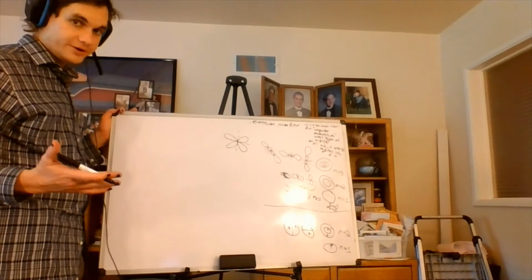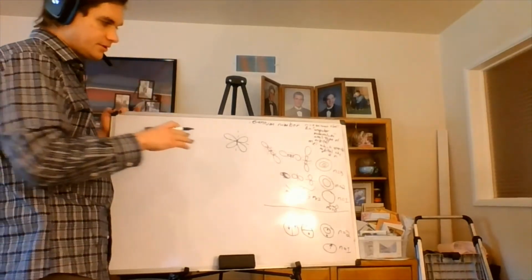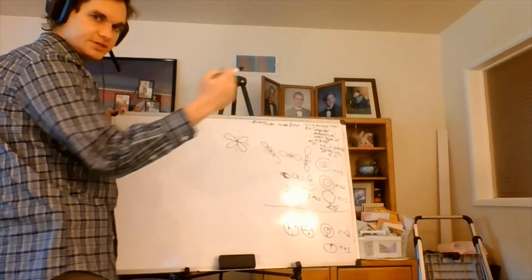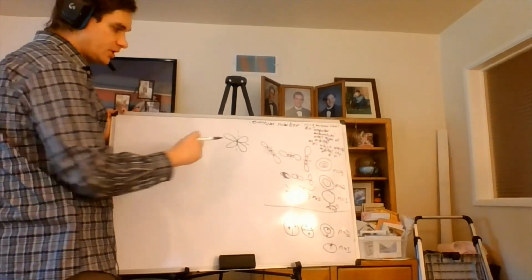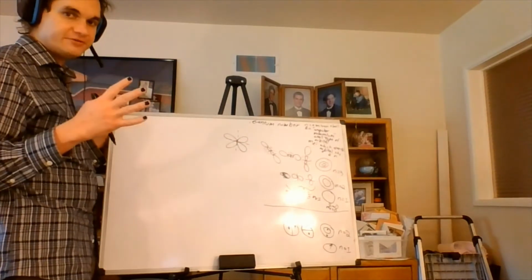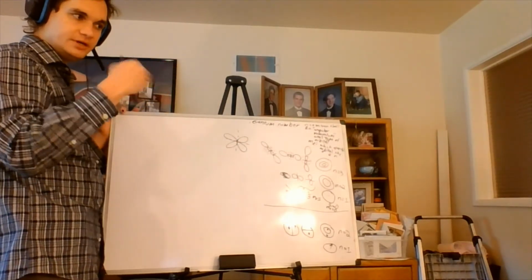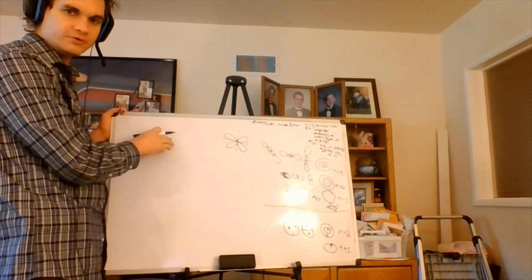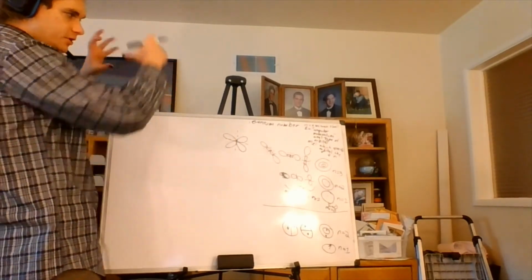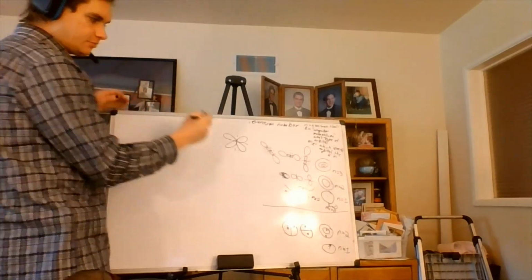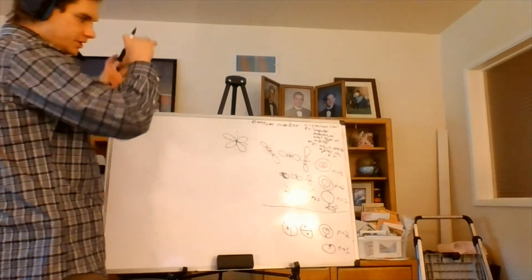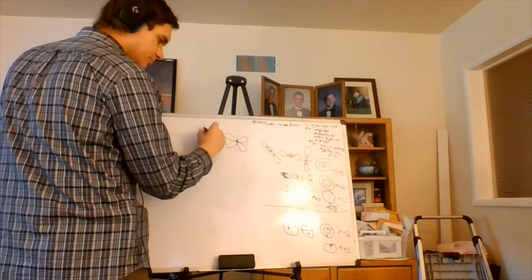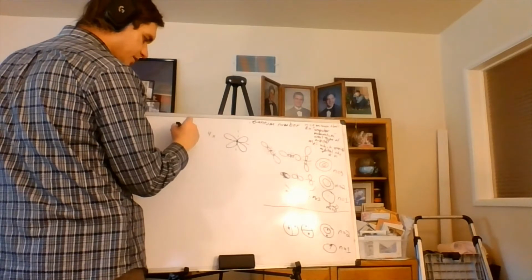I'm not a very good artist, but just like these can be perpendicular to each other because they're 90 degrees apart, this also has 4 different ways that it can be, where it can be 90 degrees apart. So just pretend like I drew 4 more of them, and you can easily see how 4 lobes coming off the center where the nucleus is right here can be 90 degrees apart.